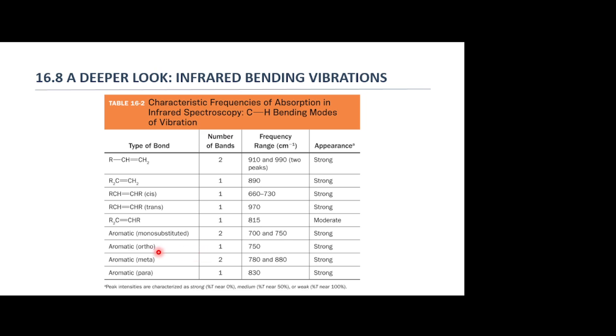Okay. Notice that, by the way, aromatics, ortho, meta, and para, you can somewhat differentiate from each other by using these bends. You have a strong band in this region right here. Okay? So for example, for the spectra you need to look at for the formal lab report, you can tell whether that's ortho, meta, or para based on where that peak is.